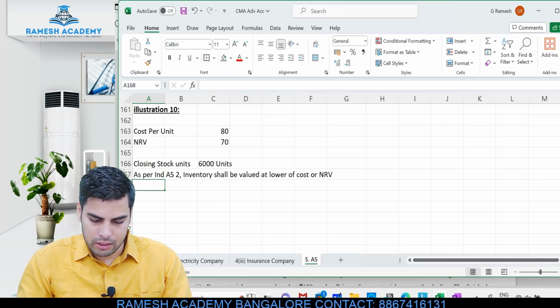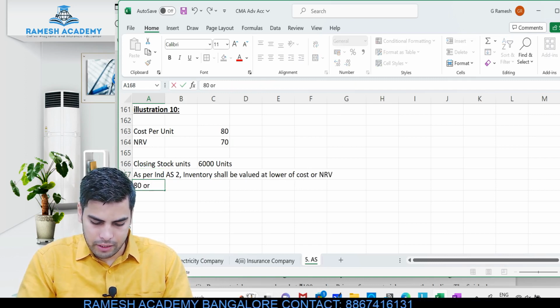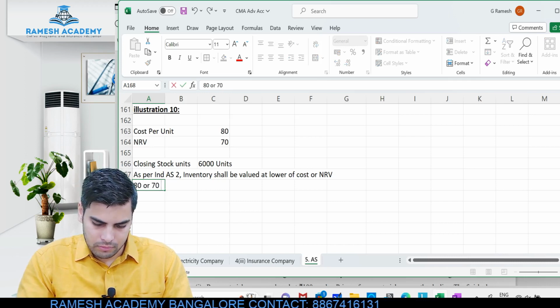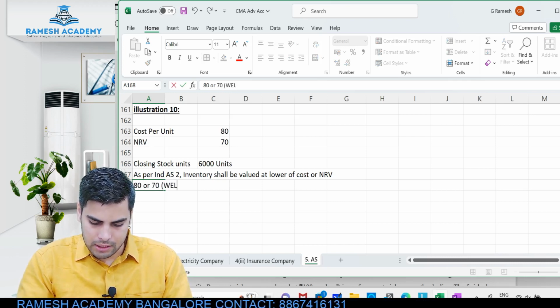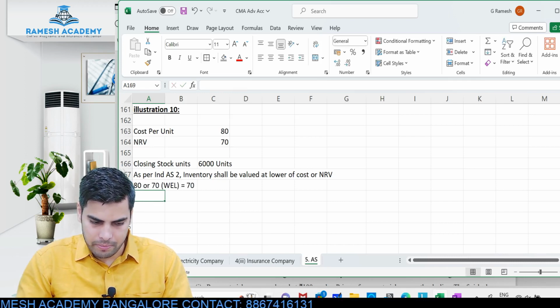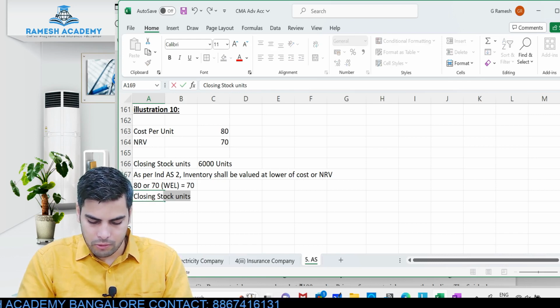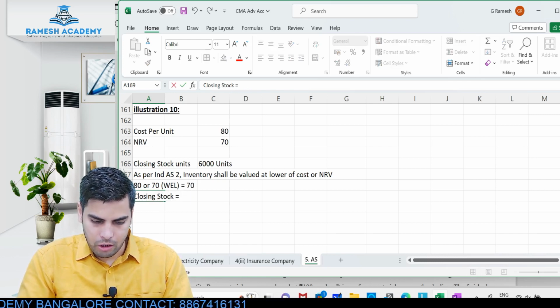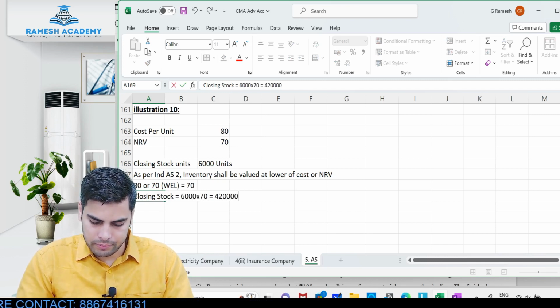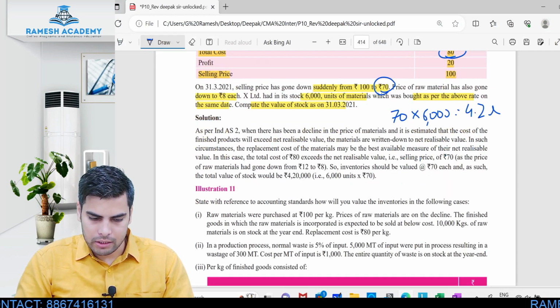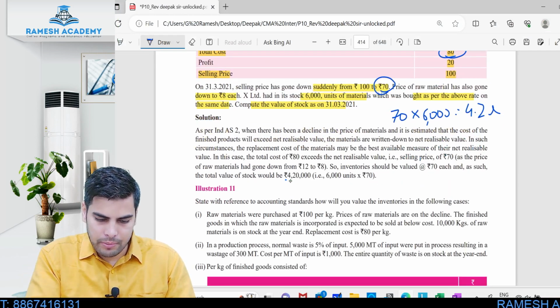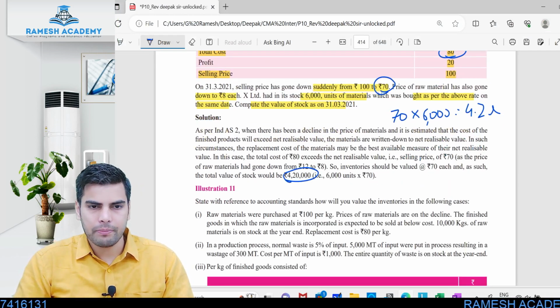Here it is 80 or 70, whichever is less, so that would be 70. So closing stock value will be how much? 6,000 units into 70 rupees. This would be 4,20,000. Check out the solution. It's the same, right? 4,20,000. Do you find the same?